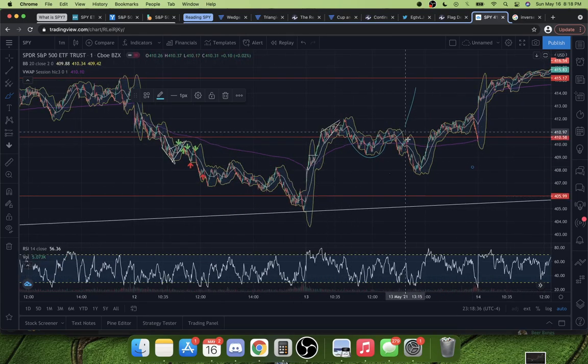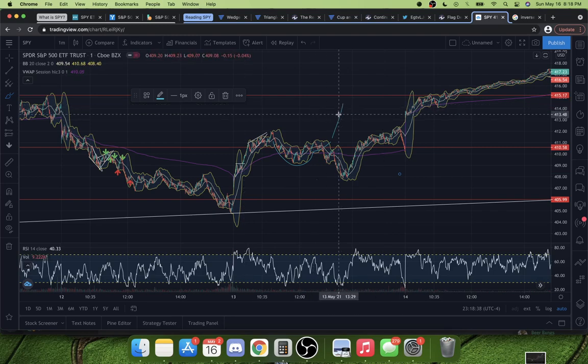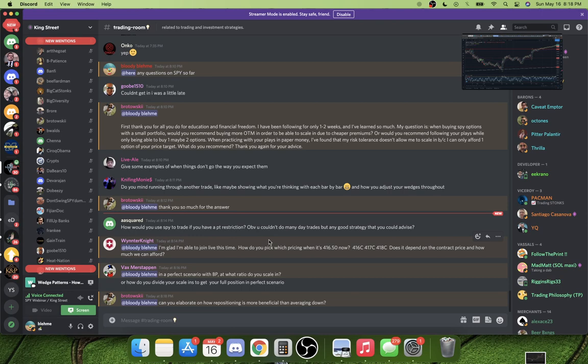So you can play puts on that failed cup and handle continuation, and that is another way to be observing these trends, not just for playing the trend, but also playing the potential failure of that trend.